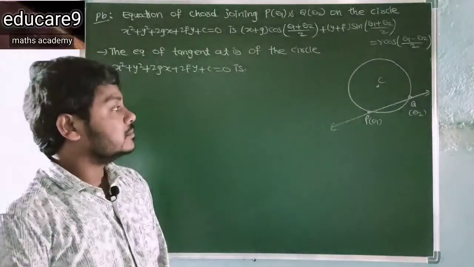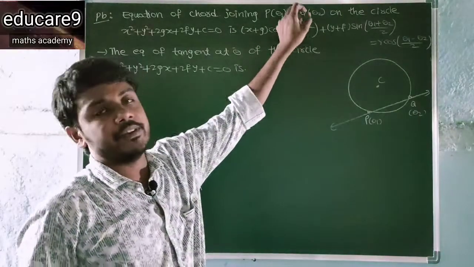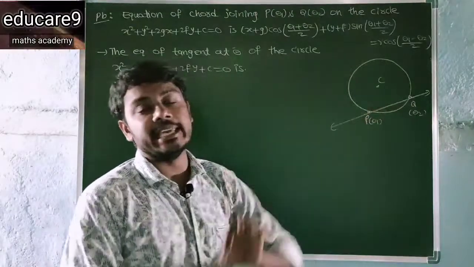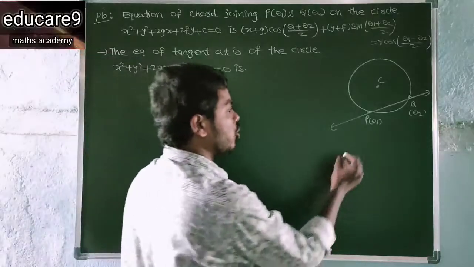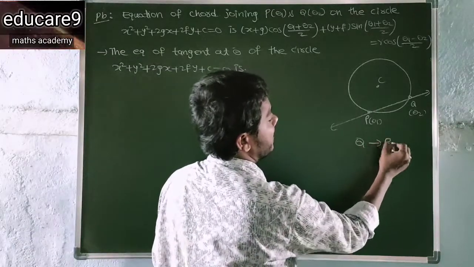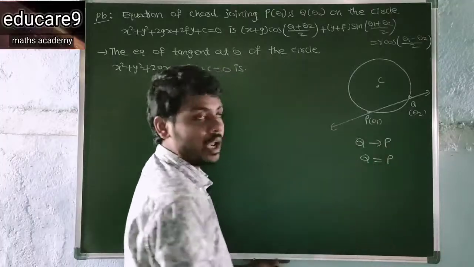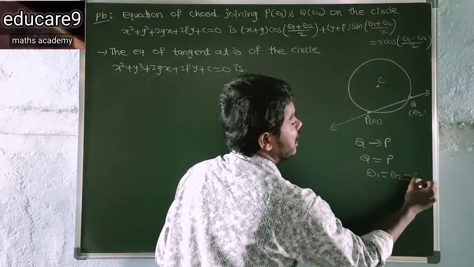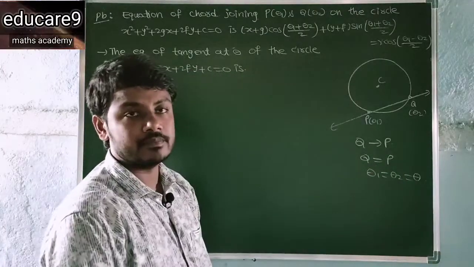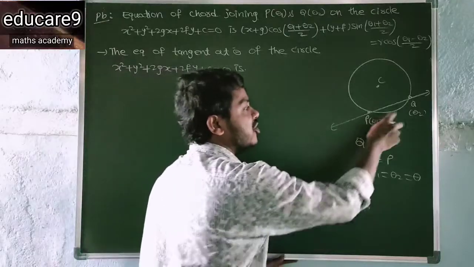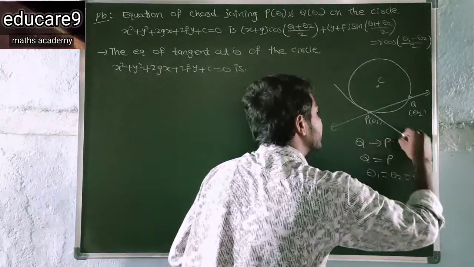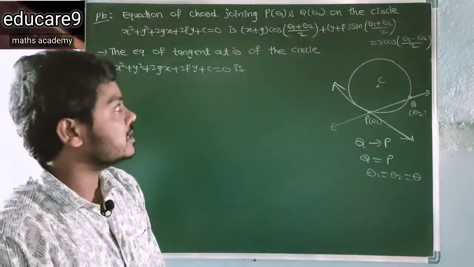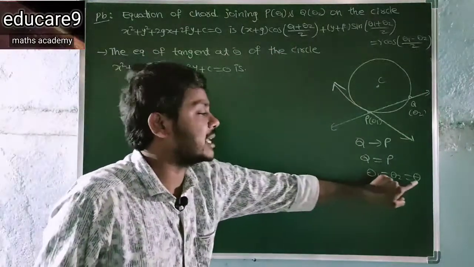So here P of theta 1 and Q of theta 2 are any two points on the circle. Then clearly PQ is the equation of the chord. If Q tends to P, so Q and P are equal, then the angles are also equal, that is theta 1 equals theta 2 and the point is theta. Then this chord tends to the tangent line at P of theta. So substitute theta 1 and theta 2 as theta.